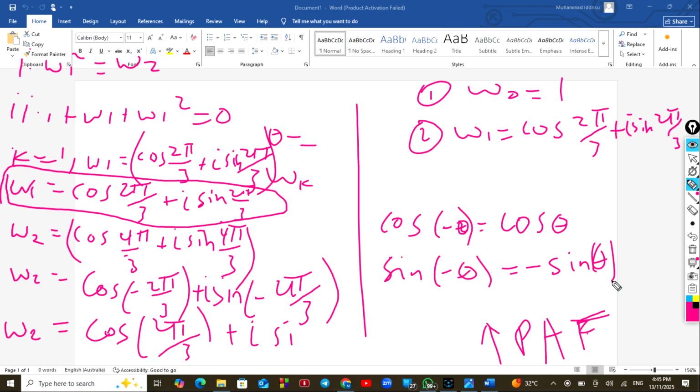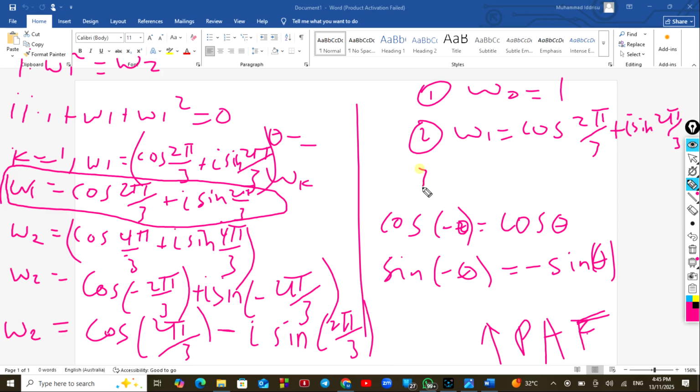Is that fine? So that means that the plus there will be cancelled and changed to minus. So minus sine of 2 pi over 3.